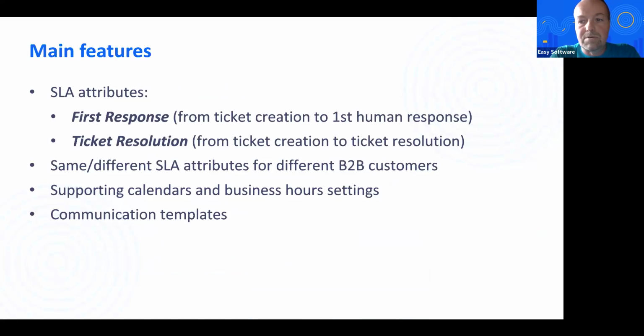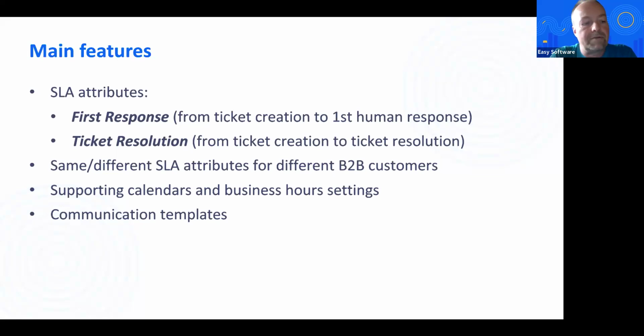We also work with SLA, service level agreements. So we measure these basic KPIs. The first one is first response, and the second is ticket resolution. Please understand the first response as the first human reaction to the ticket. The ticket is typically created either in the tool or by email.